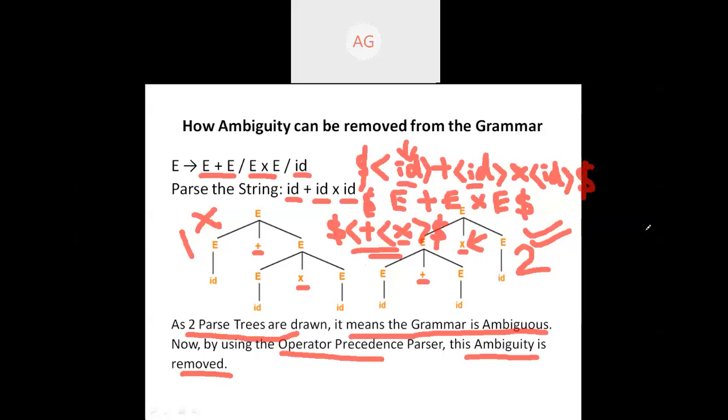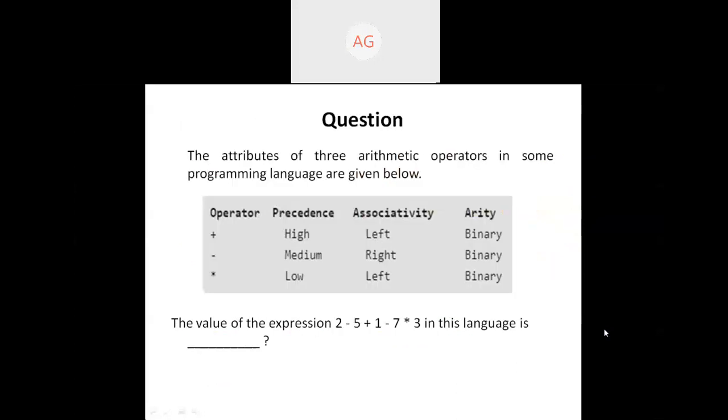So moving to the next slide. Now in today's class, we are going to practice some important questions which come in your competitive exams and also in your university exams. This is the question given to you, which is based on operator precedence grammar. The attributes of the three arithmetic operators in some programming language are given below.